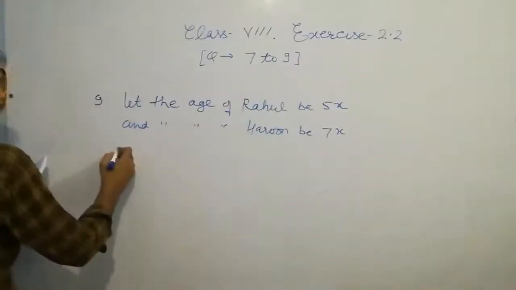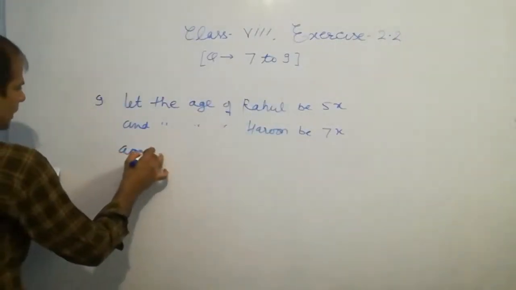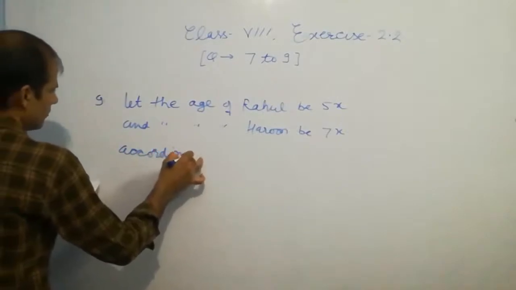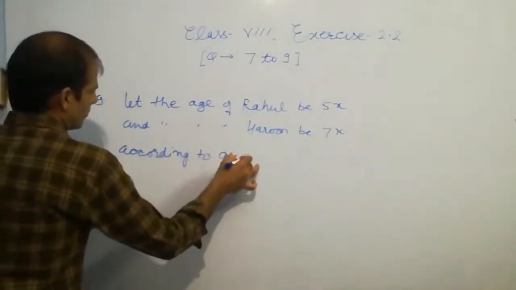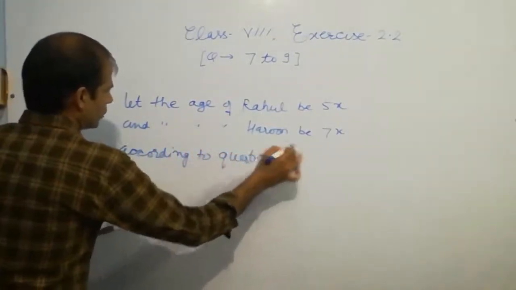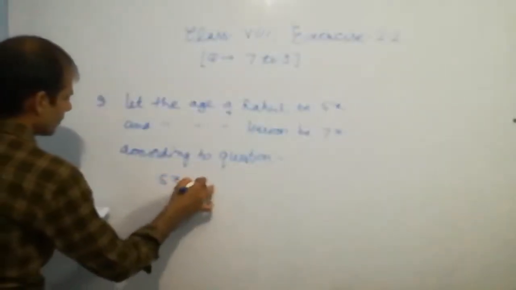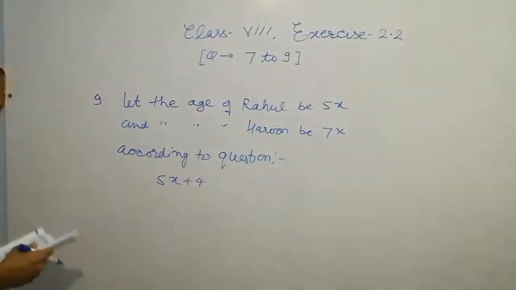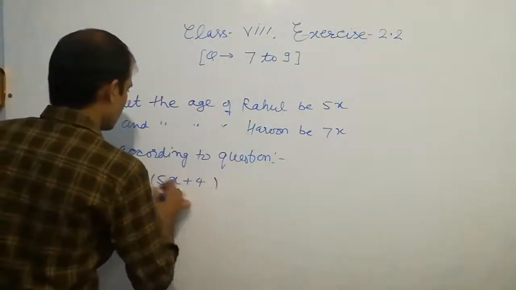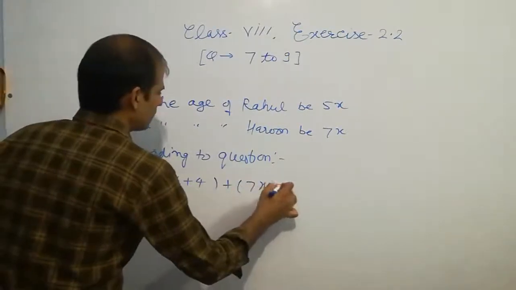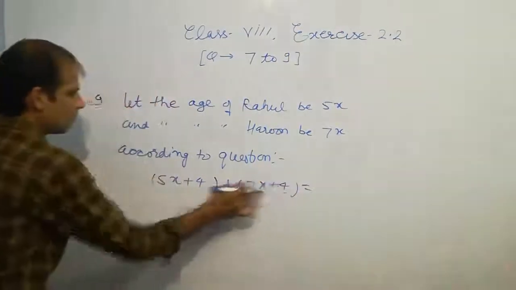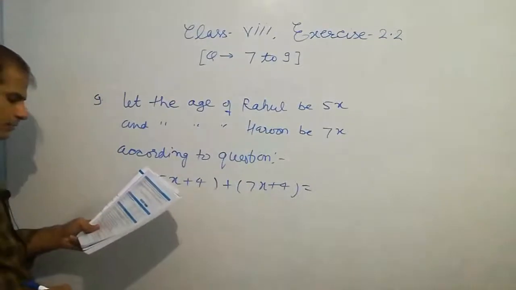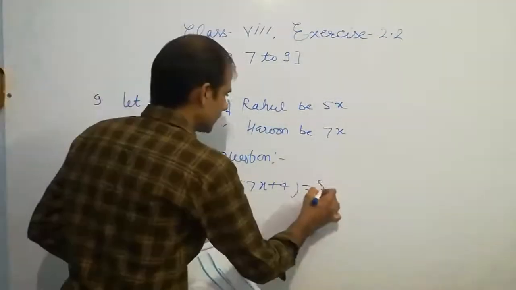So we write according to the question, the age of Rahul after 4 years is 5x plus 4 and the age of Harun after 4 years will be this. Finally we add the ages of both and we will get 56.